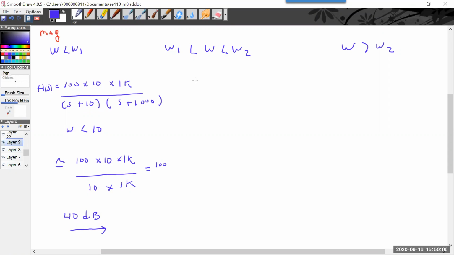Now, when we're in between, all right, S is greater than 10, right? But it's less than 1,000. So the omega is greater than the 10, so the omega stays, but it's less than the 1,000, so that drops out.